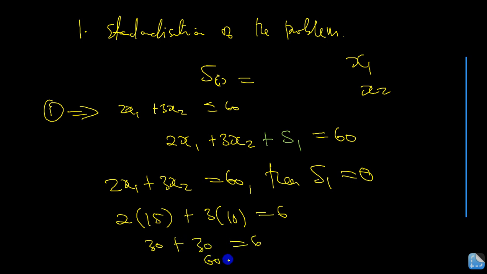So this is 30 plus 30, which is equal to 60. Because this side is equal to 60 even without the s1, the value of s1 will be 0, because if you add 0 for s1, it will not affect these values.